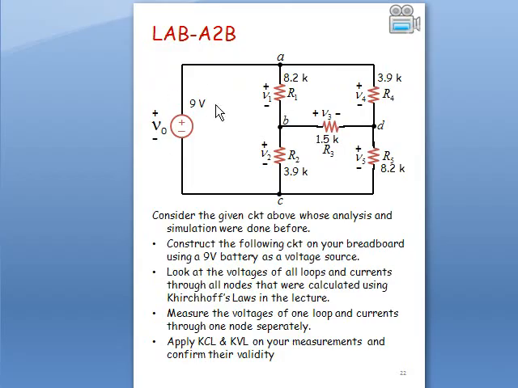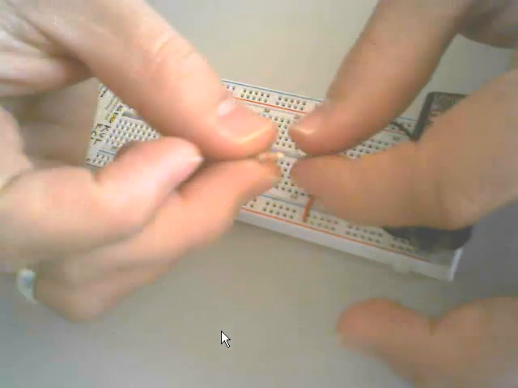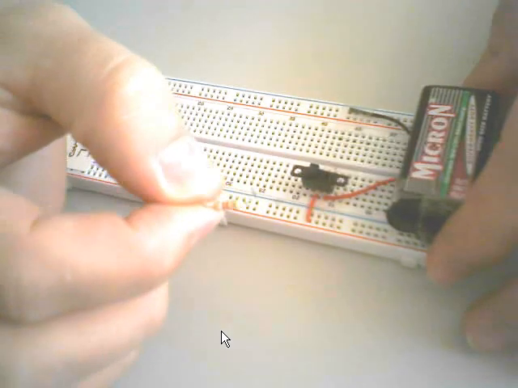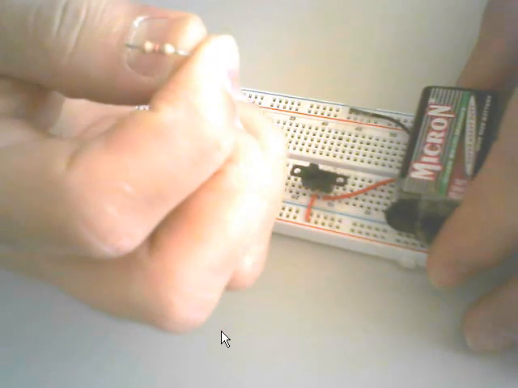There is a 9-volt battery as a source, and this point is 9 volts. There is an 8.2 kilo ohm resistor connected to the 9 volts, and let me connect it. As you see, this is an 8.2 kilo ohm resistor. It has the colors gray, red, red, 822.